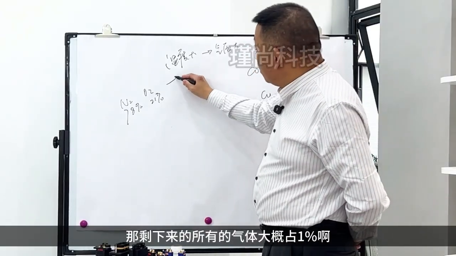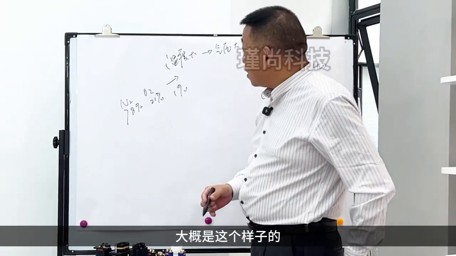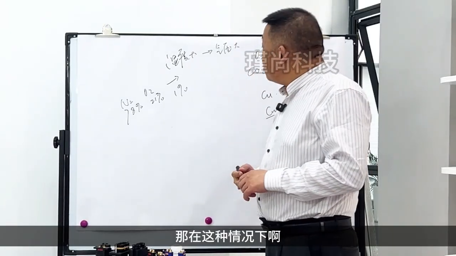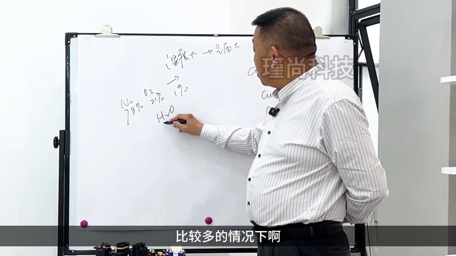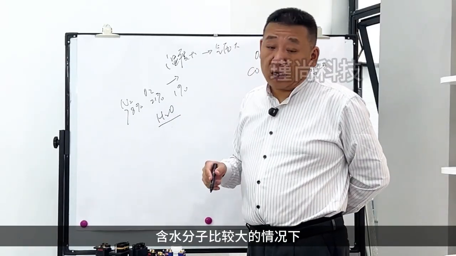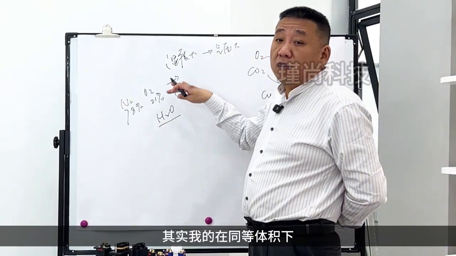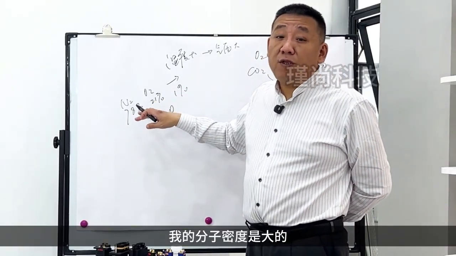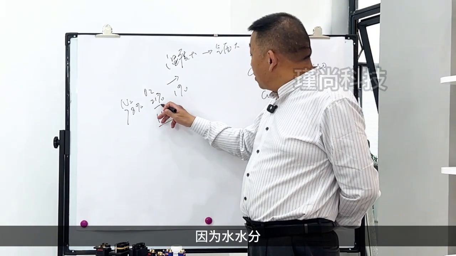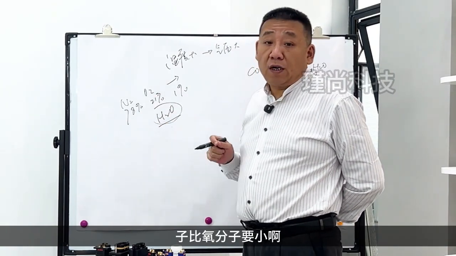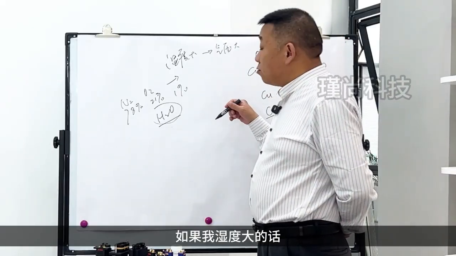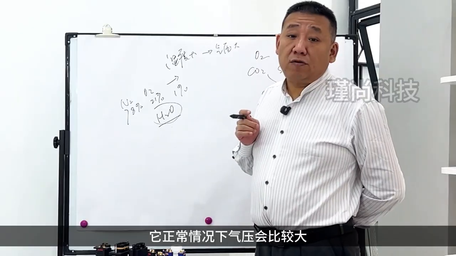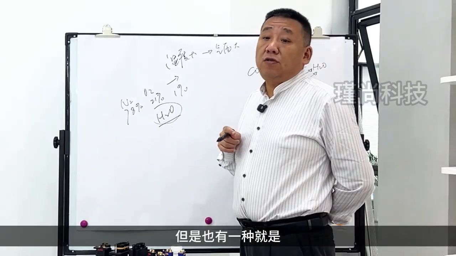If I contain water vapor, when the water molecules are relatively many, under the same volume my molecular density is high, because water molecules are smaller than oxygen molecules and have a lower molecular weight. So in this case, if I have a lot of humidity, normally the air pressure will be higher.